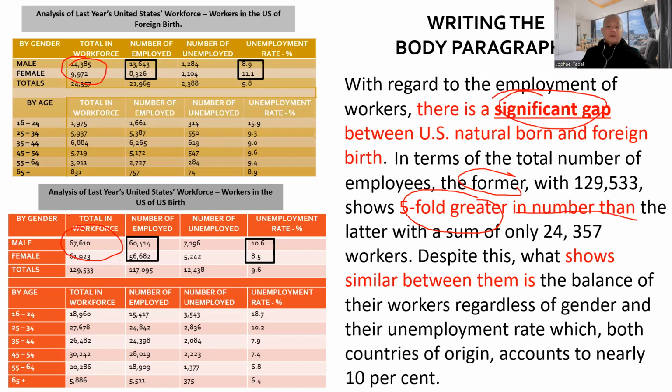All right. The balance of their workers, regardless of their gender and their employment rate, which both countries of origin accounts to nearly 10%. Okay, that's it. Okay, so their unemployment rate, all right, accounts to nearly 10%. That's it. So as you can see, we don't write all the numbers and figures in a paragraph.